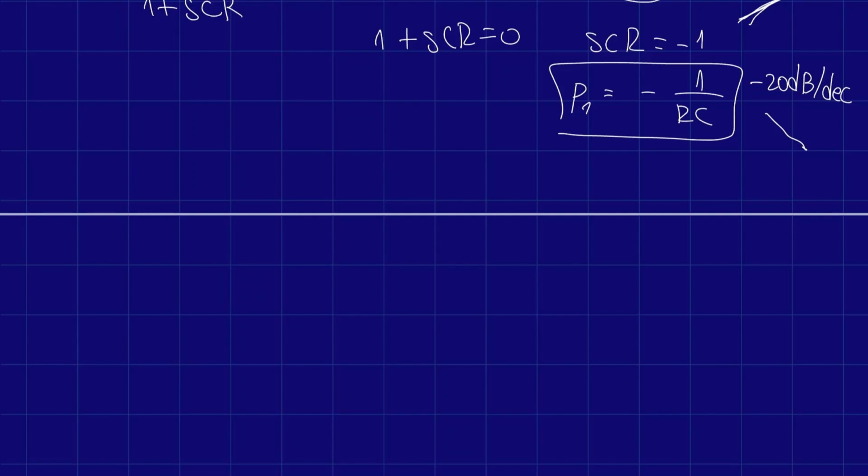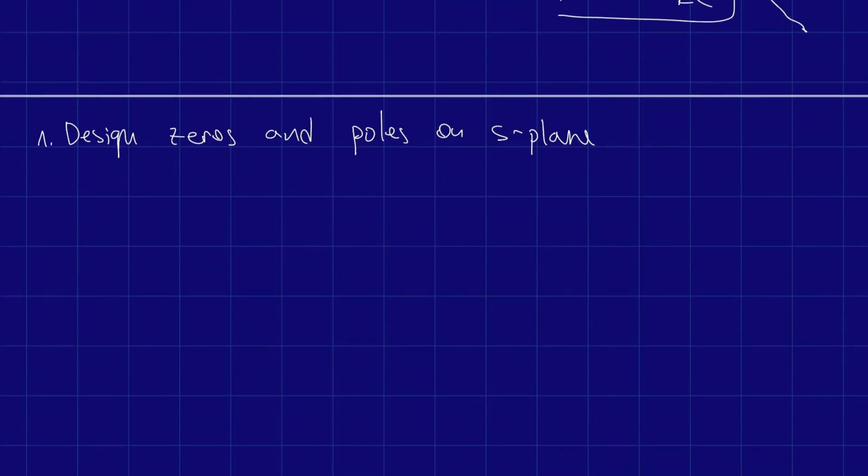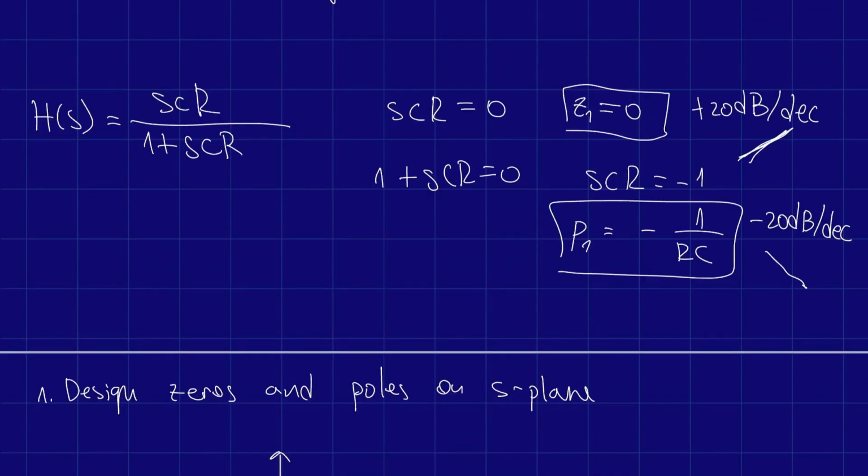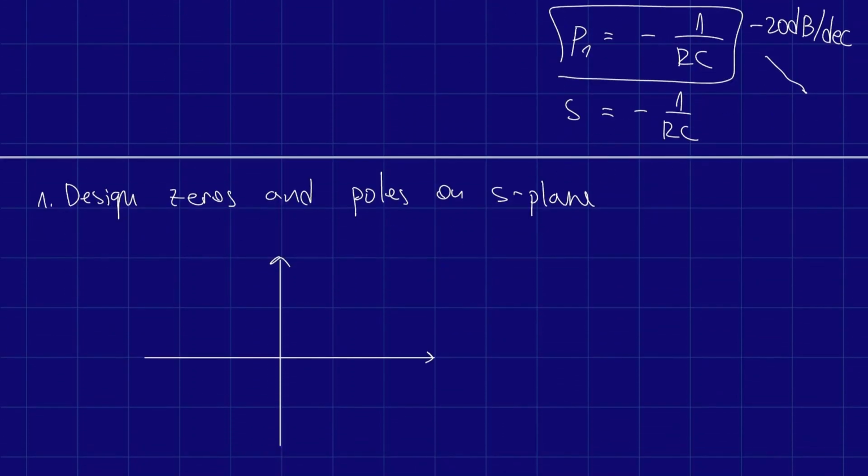To find the break frequency, we'll do the following. First, we plot the zeros and poles on the S-plane, okay? So here we got that S is 0, and here we got that S is -1 divided by RC. S is the Laplace transform variable, which is equal to sigma plus jω. The x-axis is sigma, and this is jω, okay?